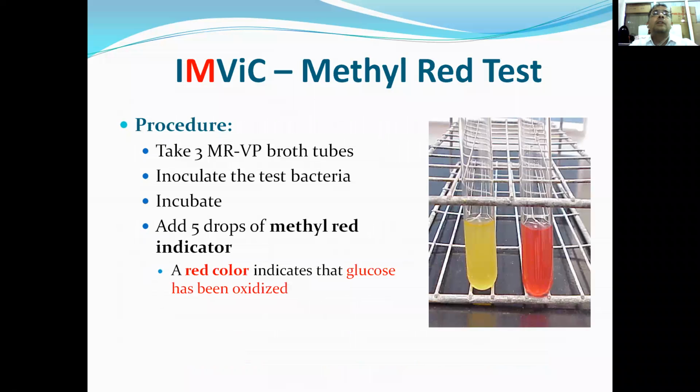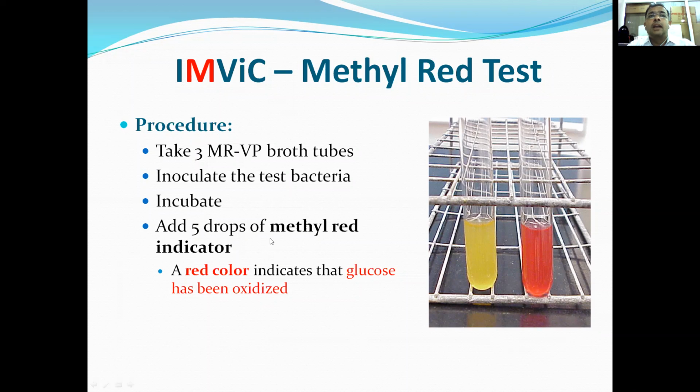Now we can see how to perform this methyl red test. Again, you have to take the required tubes. You have to inoculate the test bacteria along with positive control, negative control, and uninoculated control. As mentioned earlier, incubate overnight, and on the next day add 5 drops of methyl red indicator.